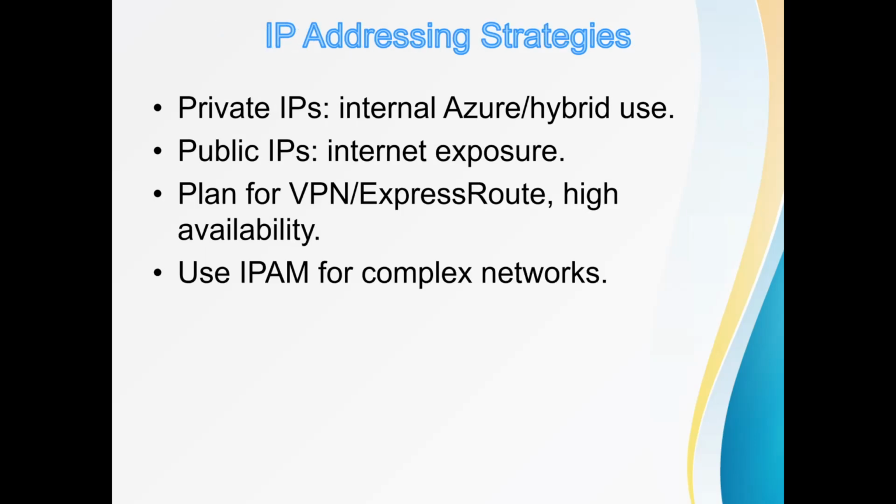IP addressing strategy. We need to have an understanding of private IP addresses. Private IP addresses are used within an Azure virtual network and your on-premises network. When we use a VPN gateway or ExpressRoute circuit to extend our network to Azure, private IP addresses are used as well.